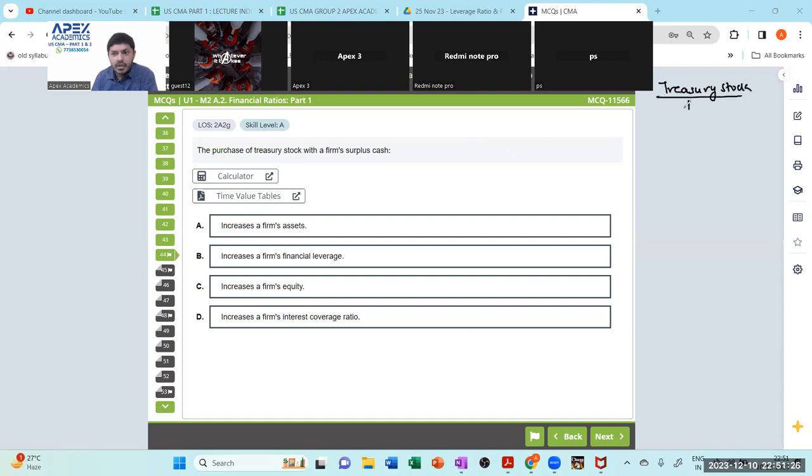treasury stock. Treasury stock in simple words means buyback of shares. My dear students, what will happen in buyback of shares? In buyback of shares, what essentially happens is, equity which is issued is repurchased by the company.